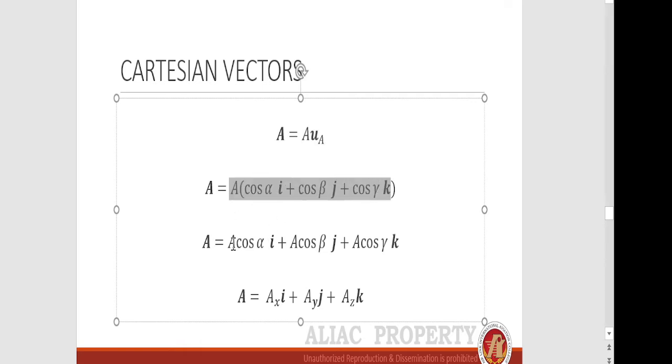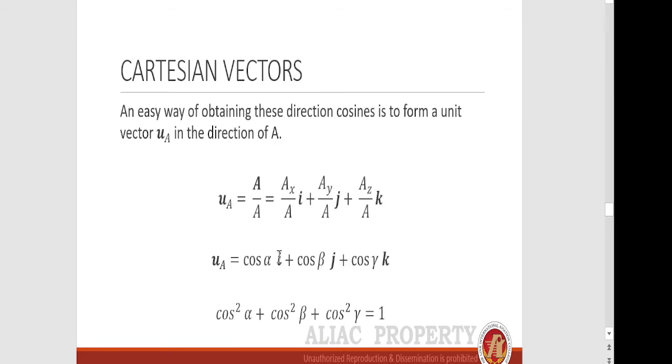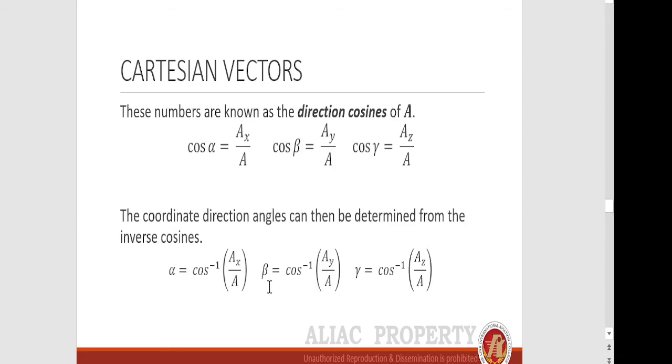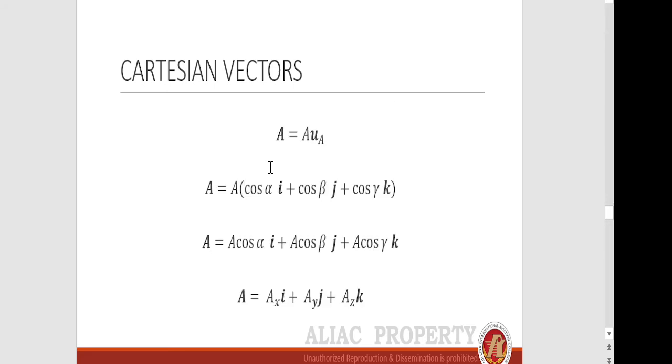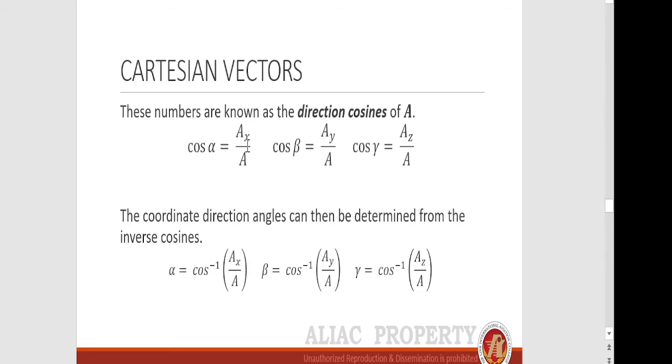So after substituting, we just multiply all the terms by the common factor, which is the magnitude of vector A. So it will become, again we replace cos alpha, here A cos alpha, that is equals to AX.